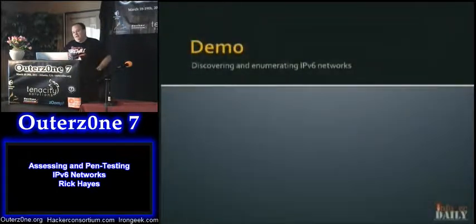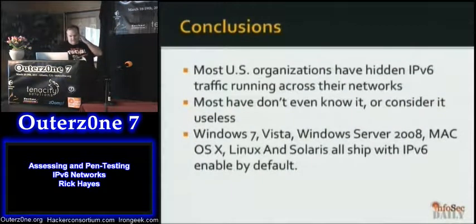Now, I've kind of been doing the demo as we've been going along. So to bring this full circle, most organizations have a crap ton of V6 traffic out there. Think about all of the boxes out there running those operating systems that I listed. How many of them by default have turned off V6?